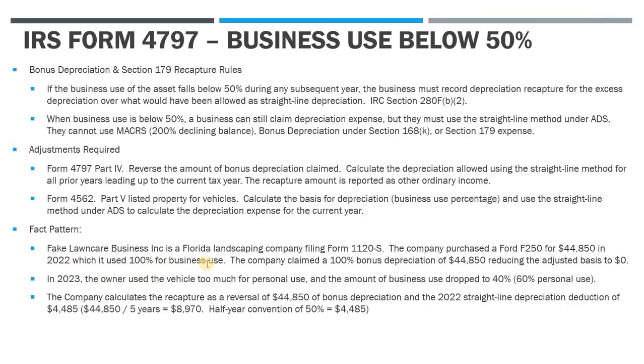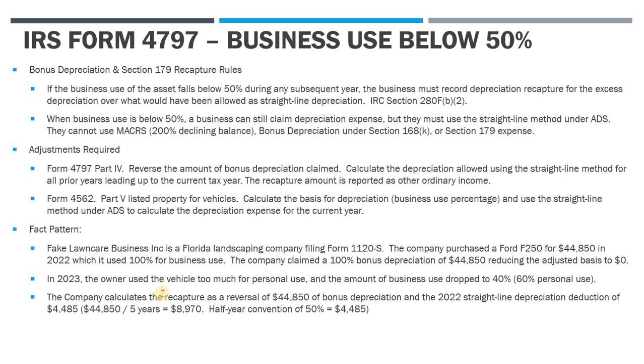So this business is a Florida landscaping company. In 2022, they bought a Ford F-250 for $44,850, and they used it 100% for business, so they claimed the 100% bonus depreciation. So they wrote off the entire thing.